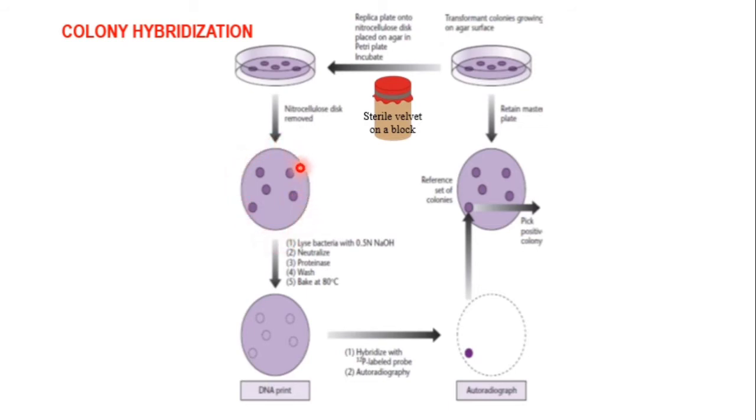Okay, the single stranded DNA that we got after this NaOH treatment will bind tightly to this nitrocellulose membrane, and that binding is through the sugar phosphate backbone. The sugar phosphate backbone attaches to the nitrocellulose membrane, and the free bases will be ready to bind with the other complementary DNA.